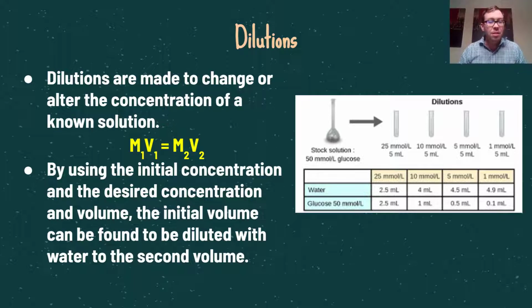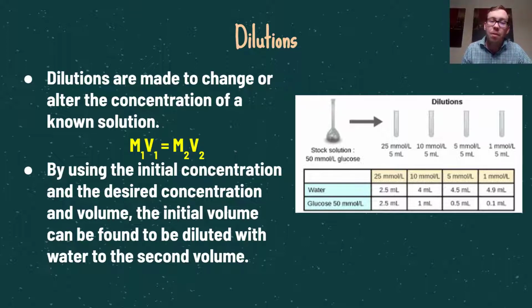So when we make dilutions of compounds, we're going to have to utilize a simple formula. Now, I use this quite frequently in lab to make your solutions. It's a very simple calculation. M1V1 equals M2V2. So let's say I know the initial concentration of the material I'm looking to dilute, and then I know the desired concentration and desired volume of what I want at the end. I'm going to know how much of my original material I'm going to use and then dilute that with water to reach the desired volume.